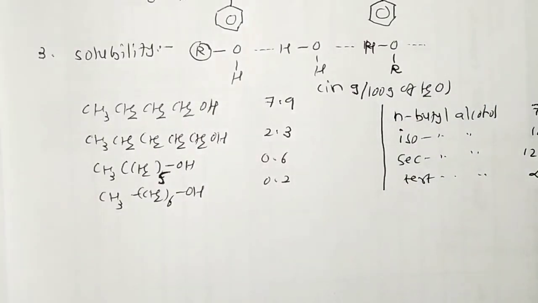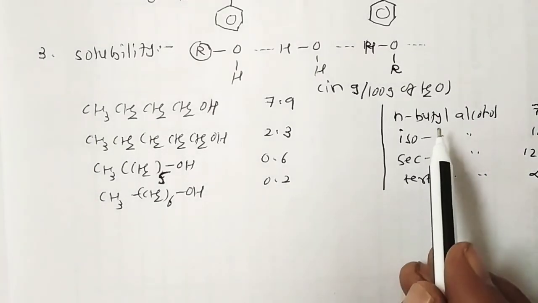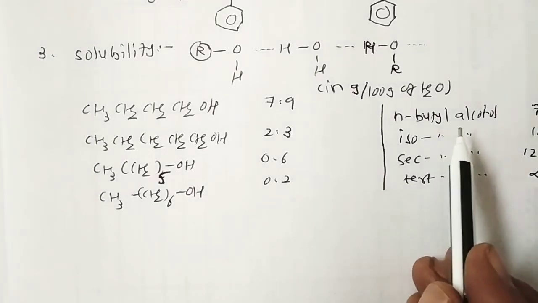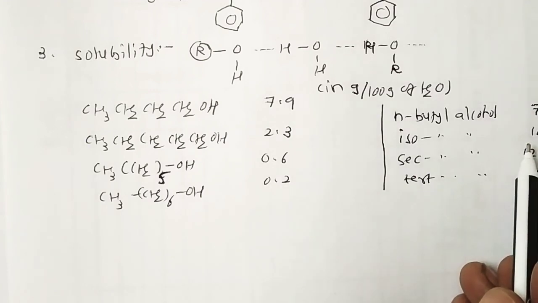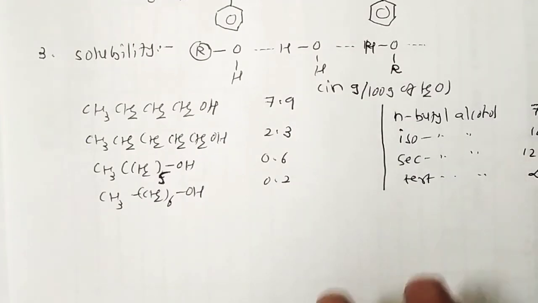So what's the reason behind that? Amongst isomeric alcohols, the solubility increases with branching. This is due to the reason that as the branching increases, the surface area of the non-polar hydrocarbon part decreases. Hence the solubility increases.